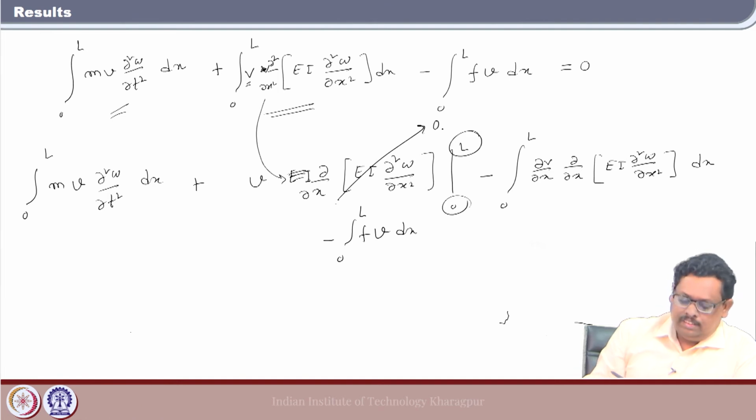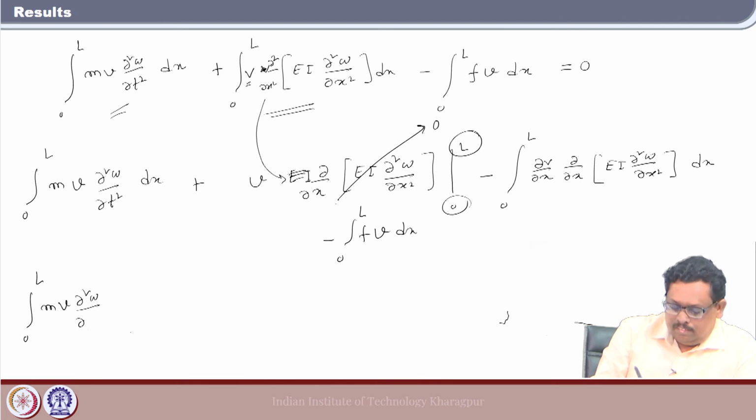So, this goes to 0. So, I am left with 0 to L m V ∂²w/∂t² dx. So, this is the first term, and then I have this one.